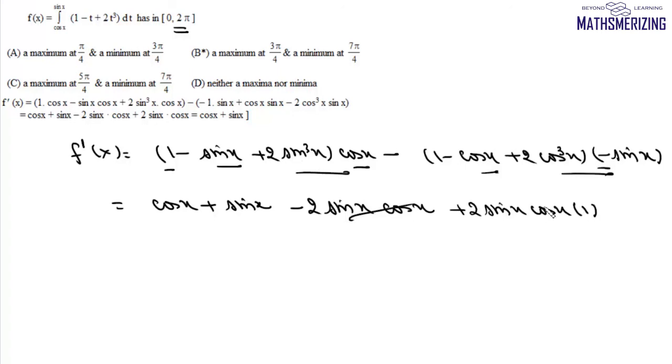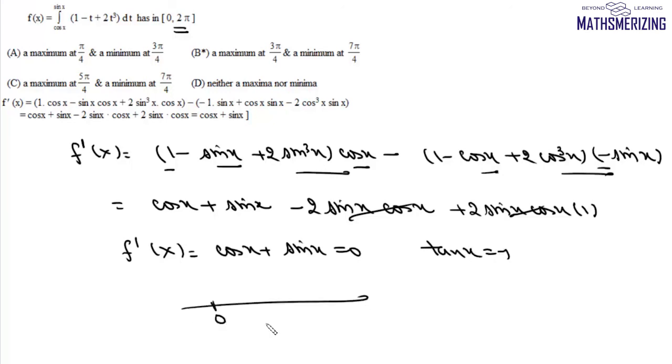So here 2 sin x into cos x will cancel. So we'll get f'(x) as cos x + sin x, and if we put it equal to 0, we'll get the condition that the value of tan x is minus 1.